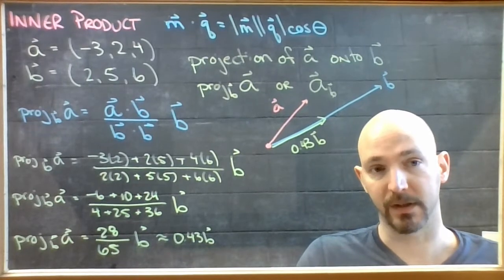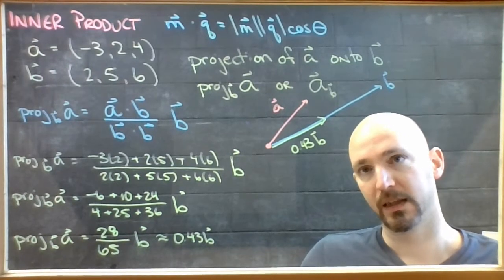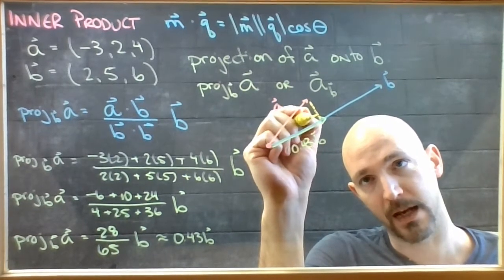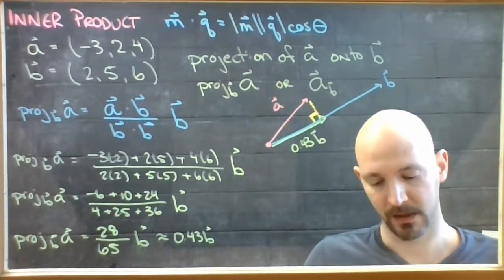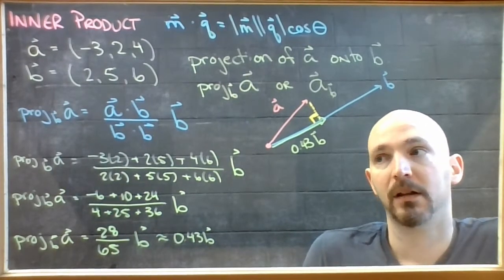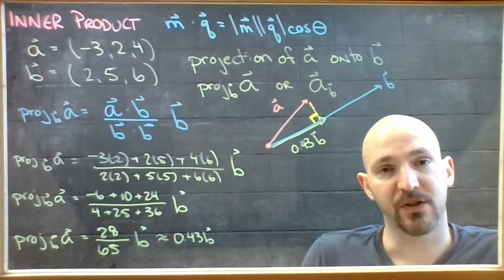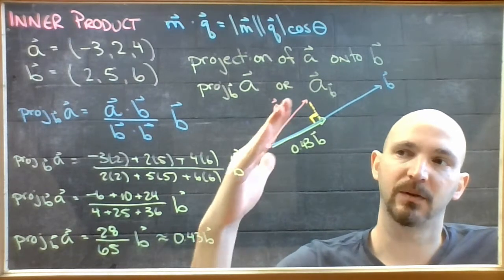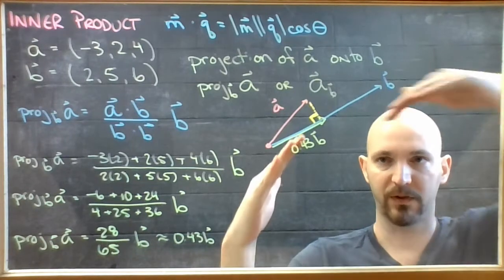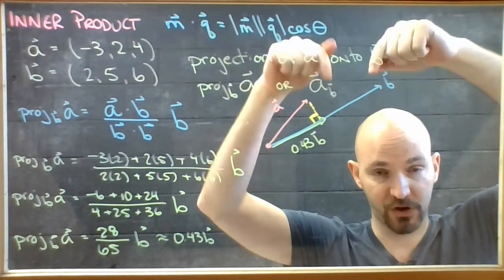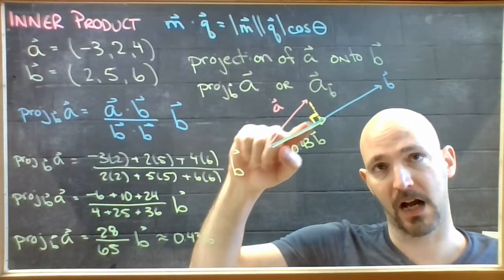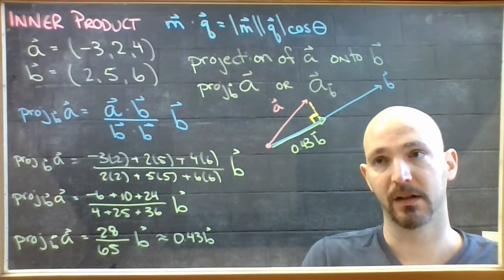Now, do you notice that that length and this vector happen to form a triangle that happens to have a 90-degree corner? So this thing, the projection of A on B, is asking you how much of A is parallel to B. Or if you were to tip this flat and let the sun shine down on top of it, where would the shadow of vector A lie on top of vector B?